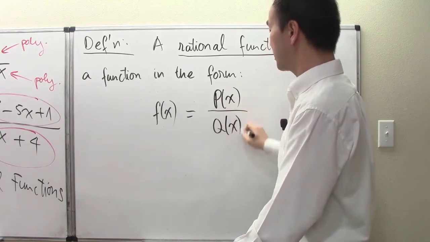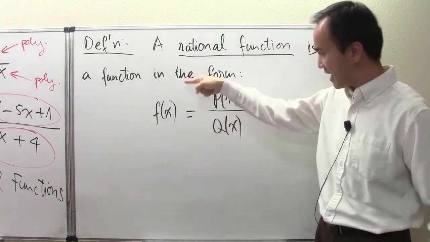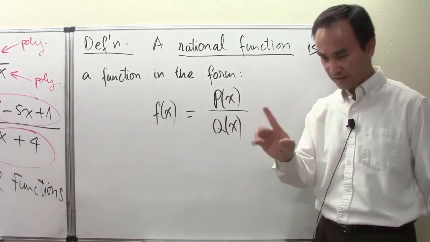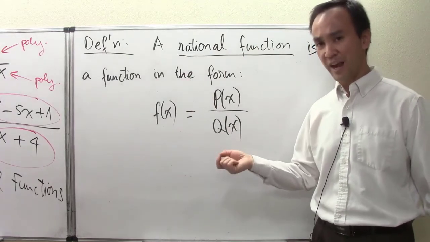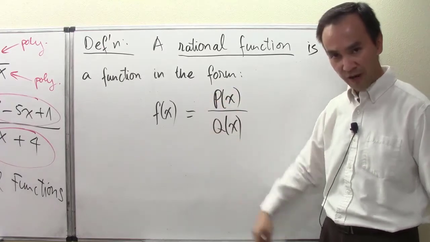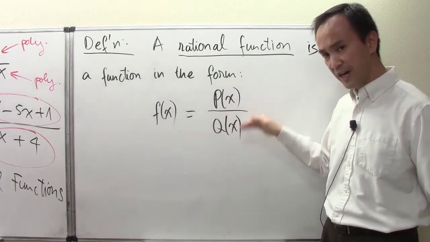See, immediately it displays the fraction nature. So first thing, it has to be in the form of something over something. That's consistent with the first feature I was pointing out earlier. So it has to be in the form of a function over another function.